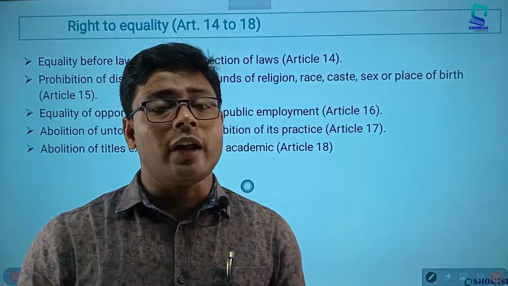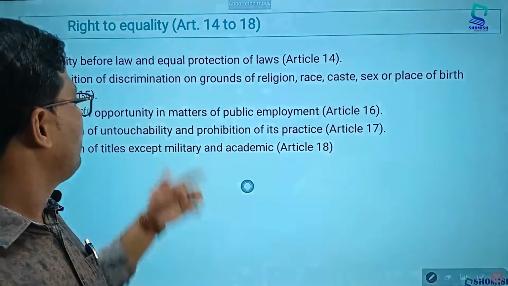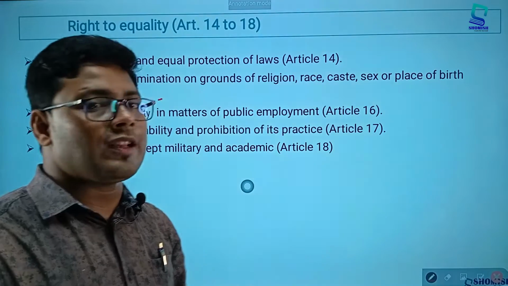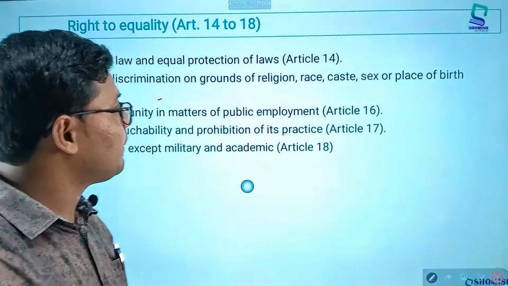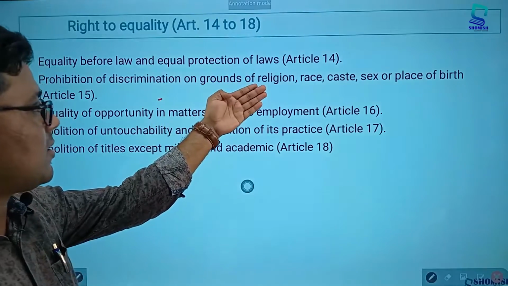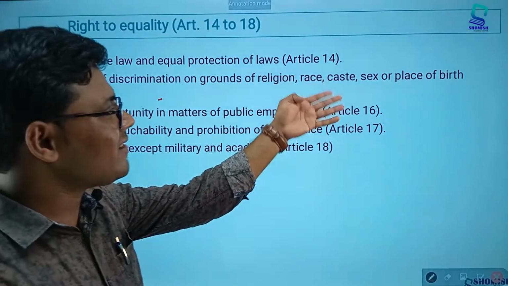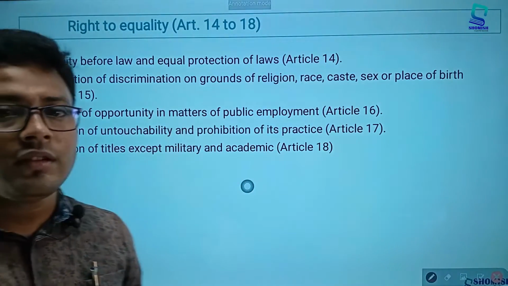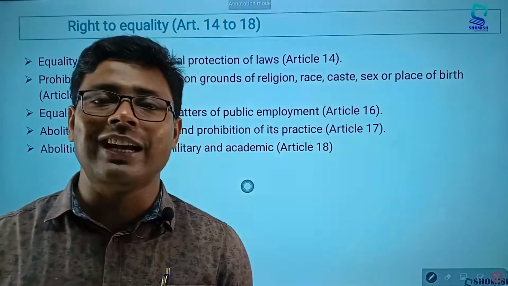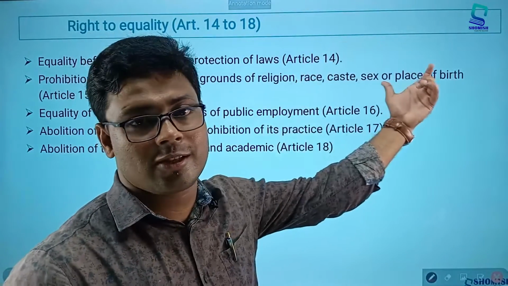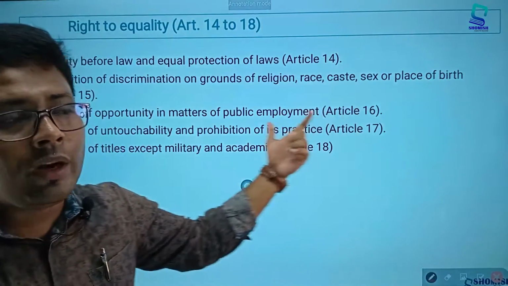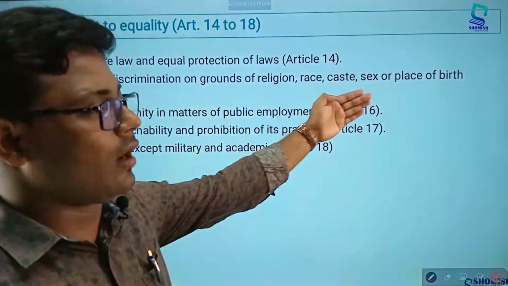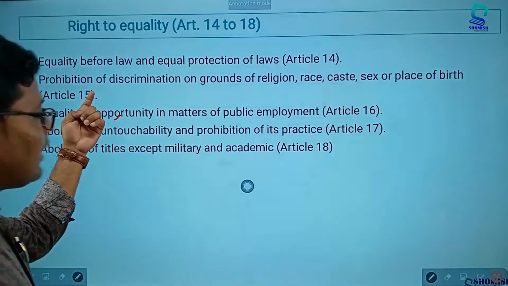The state is bound to keep respect, or keep its view, without these grounds: religion, race, caste, sex, or place of birth. Because you acquire the citizenship of India beyond all of this, so you are not entitled to be deprived on these grounds. This comes under Article 15.